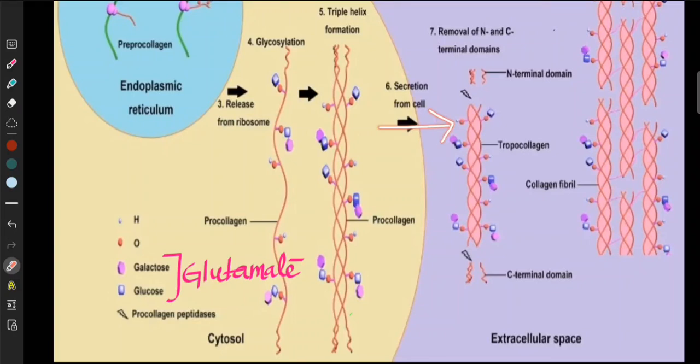So don't get confused. I'm just trying to say that this will remain like this only. It will just come out, and then only the N and C terminal will be cut off, right? Now this particular structure is known as tropocollagen. This structure is actually the structural unit of collagen.